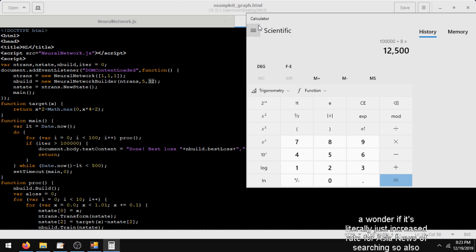So also this derivative method, I believe it only works if, oh man.